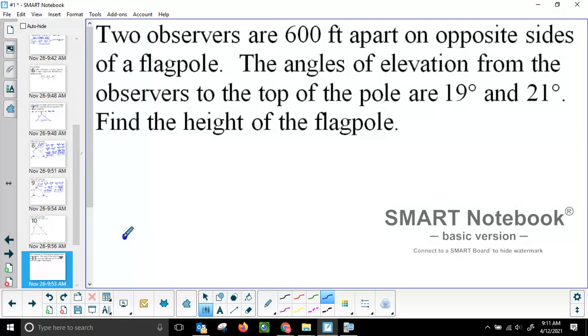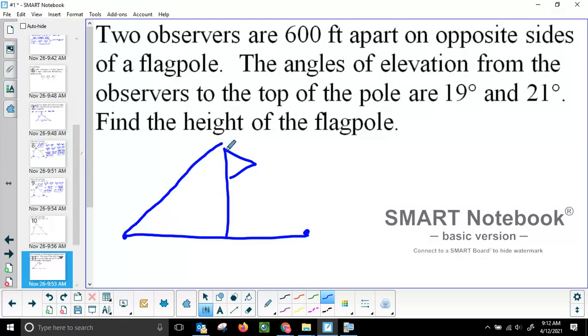All right. So we have two observers 600 feet on opposite sides of the flagpole. So there's a flagpole somewhere here. And they're looking at the angle of elevation from them to the top of the flagpole.